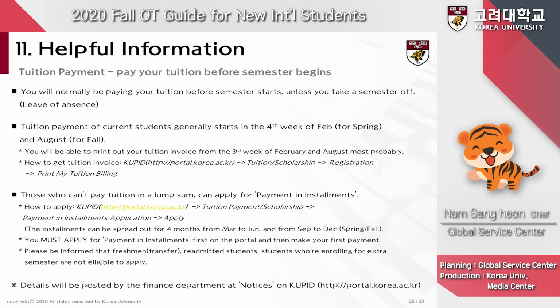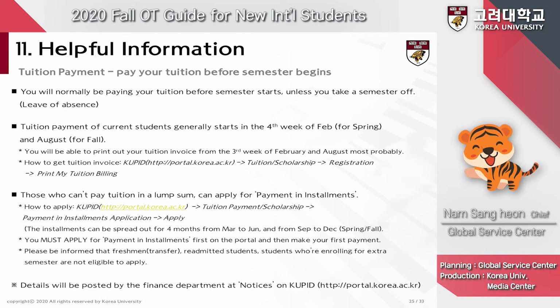As you know already, you must pay your tuition before the semester begins. Tuition payment for current students, not newly admitted students, generally starts in the fourth week of February for spring semester and in August for fall semester. Those who cannot pay their tuition in a lump sum can apply for payment in installments for the next semester.